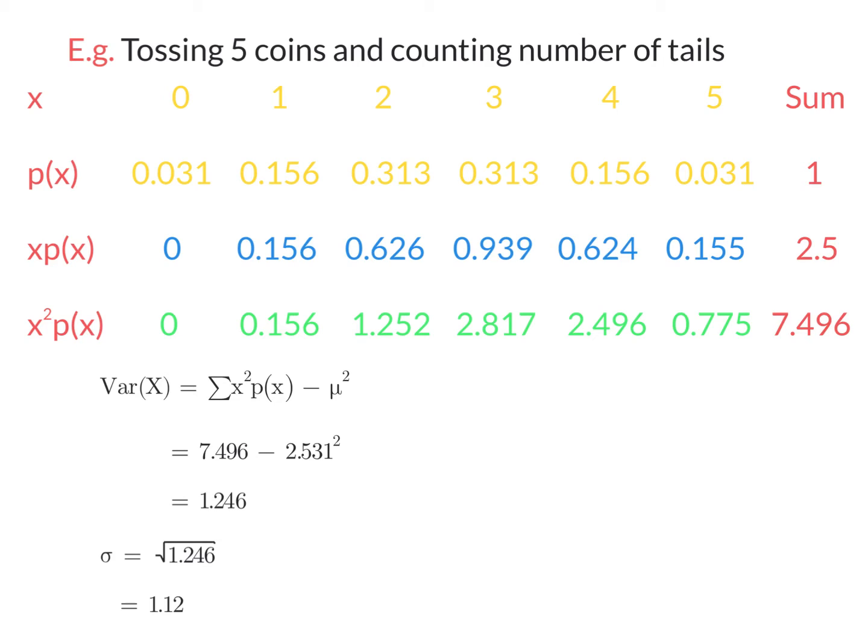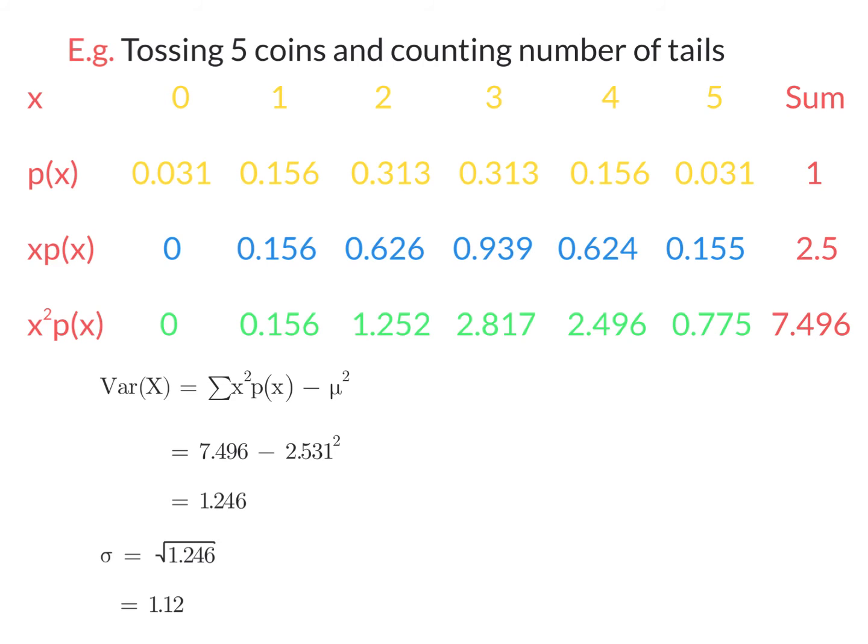The probability of getting no tails out of the 5 was 1 in 32, which is approximately 0.031, and so on for all of them. We get our variance like we did before, 1.246, and our standard deviation, the square root of 1.246, which is 1.12.